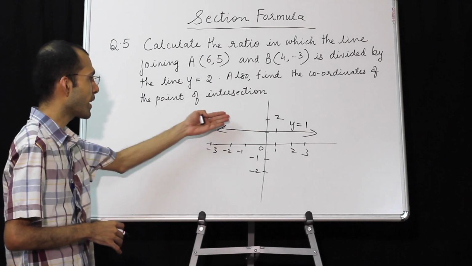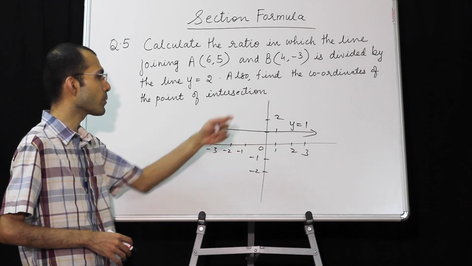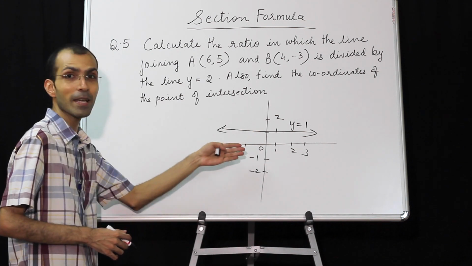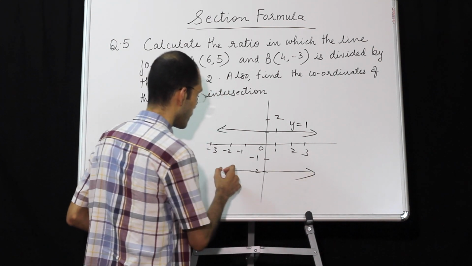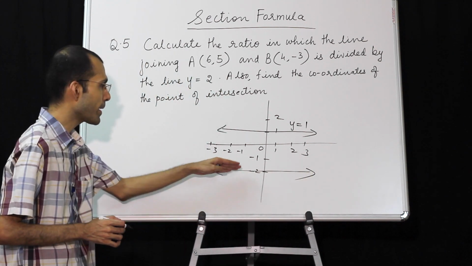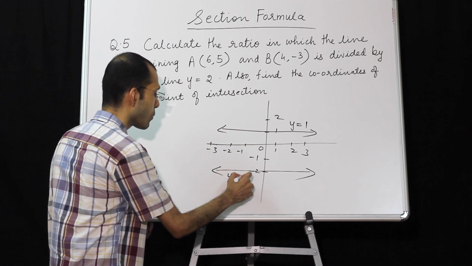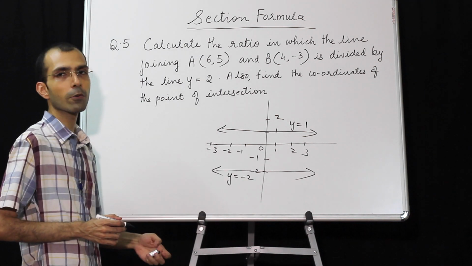If a line is parallel to x-axis, the equation will be y equaling a constant. It depends from where it's passing, but the line should be parallel. If it is passing through minus 2 and parallel to x-axis, then the equation of this line is y equaling minus 2 or y plus 2 equaling 0.